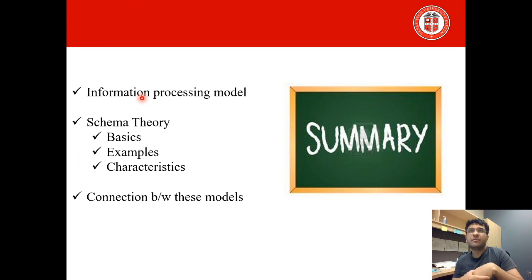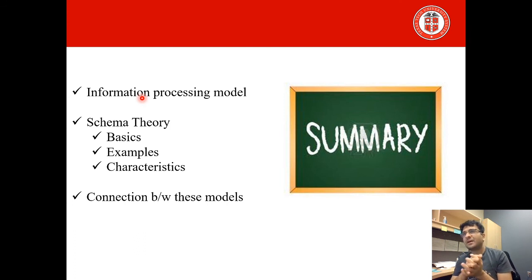I tried to give a couple of examples of a few places, a few events where schema theory can work. I've also talked about some of the characteristics of schema theory based on the places and the events we have talked about. And then I combined the information processing model and schema theory to decipher what exactly the similarities between the two are.